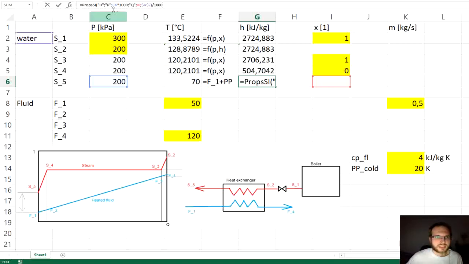Our function wants enthalpy based on pressure, which we have here, and then we will want to use temperature, and temperature is 70 degrees C plus 273.15, and we get the enthalpy at the condensate outlet.